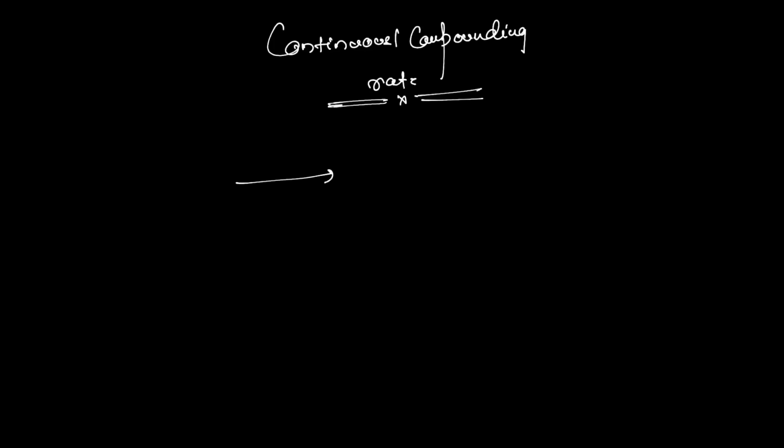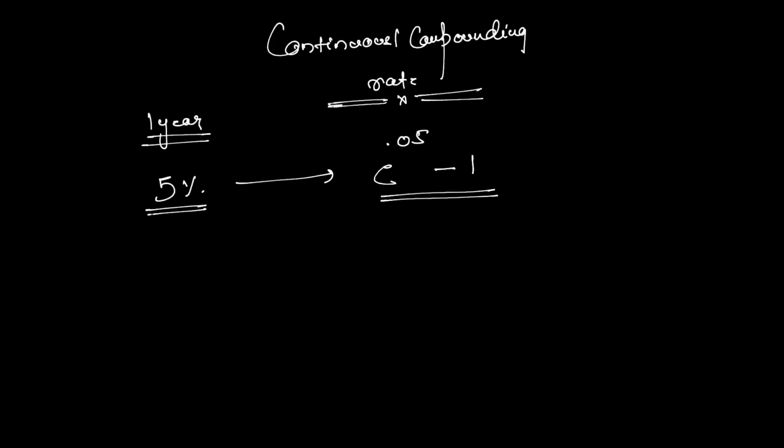So if you have an annual continuously compounded rate of 5%, so the 1 year continuously compounded rate is 5%, the only way to achieve the effective rate is e to the power 0.05 minus 1. This is the effective rate of 1 year. Let's do the calculation: e raised to the power 0.05 minus 1.